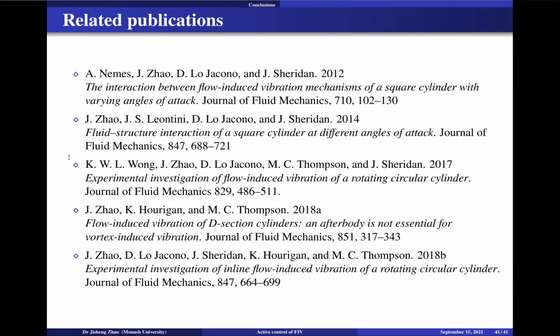And if we change it to a very high frequency, I think it's about 30 times the normal vortex shedding frequency, you can really affect the structural vibration. Yeah, that's really interesting. Any other questions?